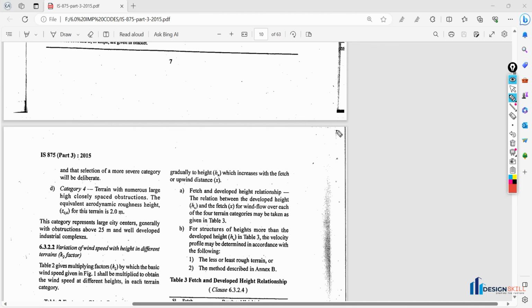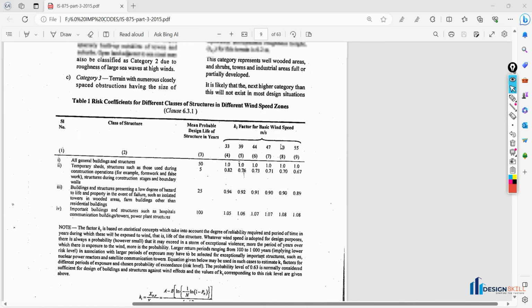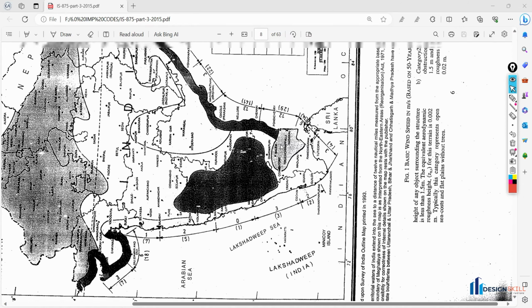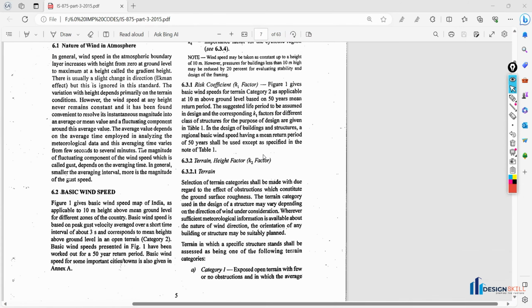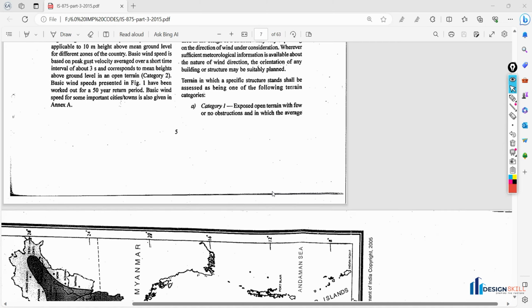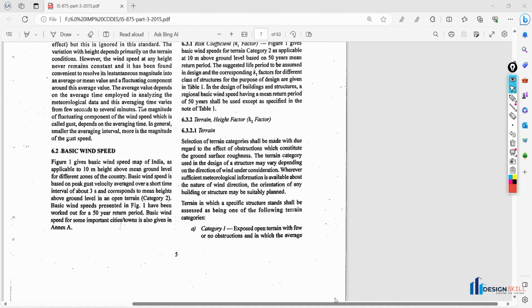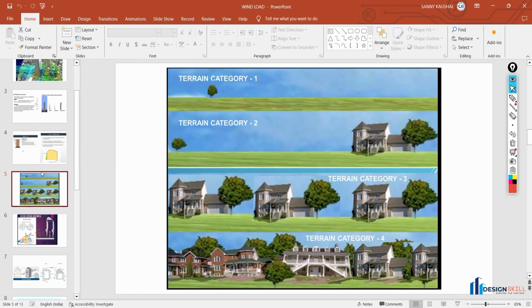The terrain categories are very important when you're designing the building, and you have to take the values while considering the design speed in your calculations. Now I'm coming back to the PPT here.